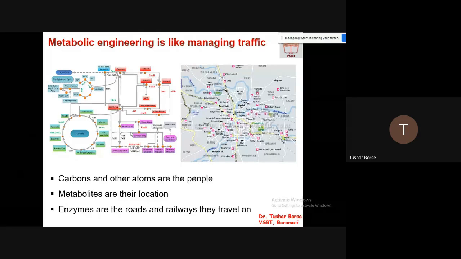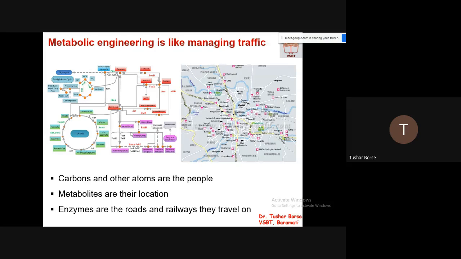Because the nutrient which enters into the cell is in the form of carbon, hydrogen, nitrogen, oxygen. So these things which are entering can be called the people. Now these carbon, nitrogen, oxygen combine and form some typical precursors, some specific metabolites. That is the route, the destination of those inorganic nutrients which are entering.